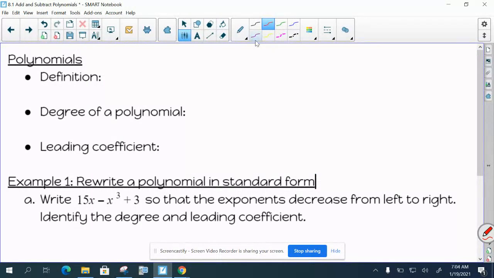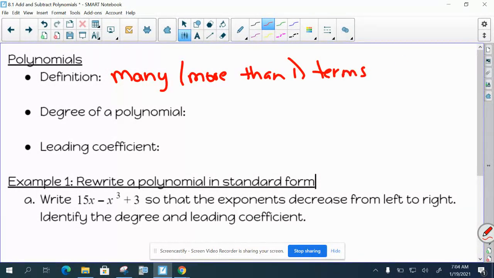All right, so a polynomial is the sum of monomials, so many terms. We'll say more than one term or monomials separated by addition or subtraction. And the degree of the polynomial is the greatest degree of the terms, so the term with the greatest degree.